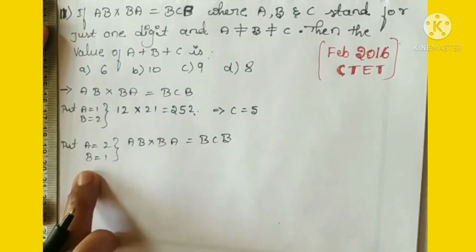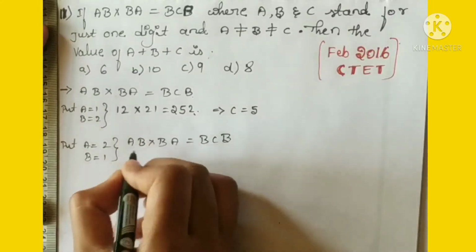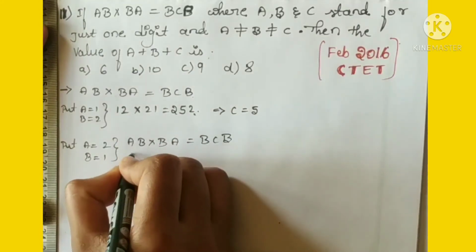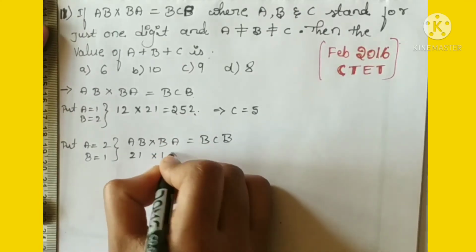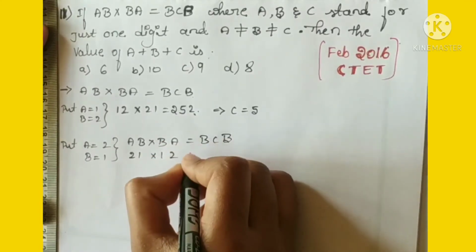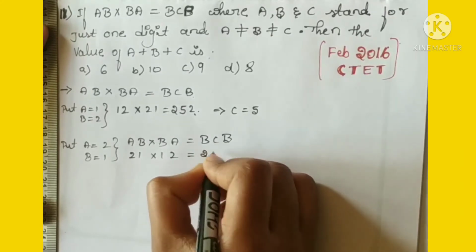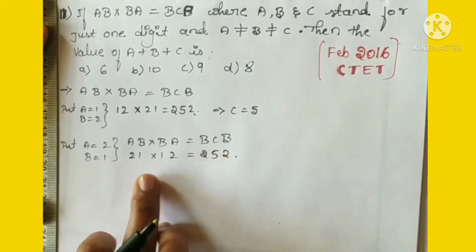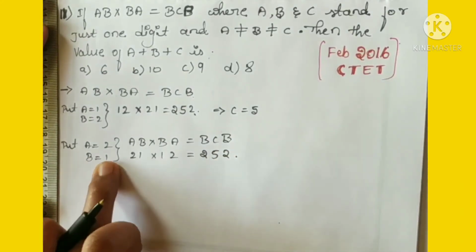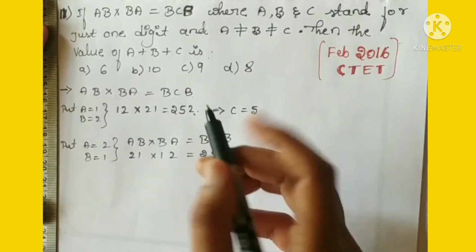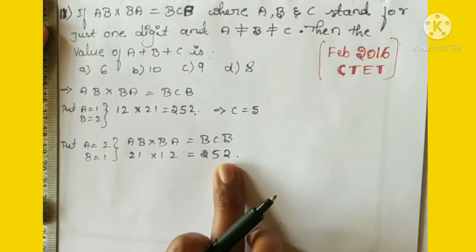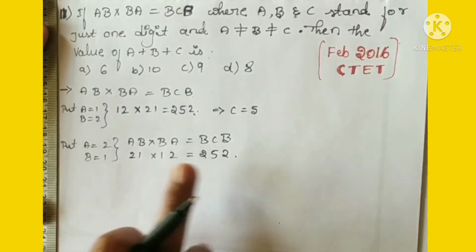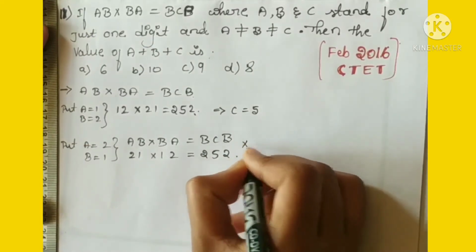Now I just substitute these values, that is 21 into 12, which is equal to 252. But here I taken B is equal to 1, but here in the LHS I will get B is equal to 2. So this condition is not satisfied with these values. So these values are not correct.